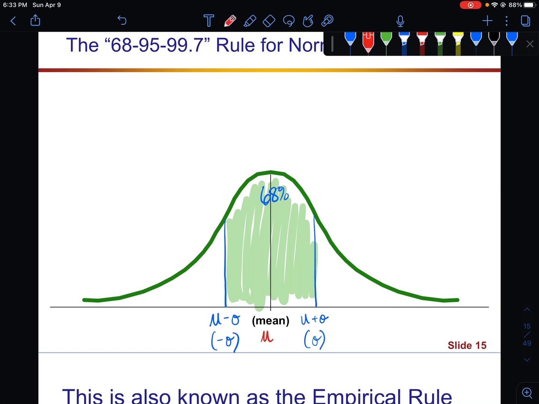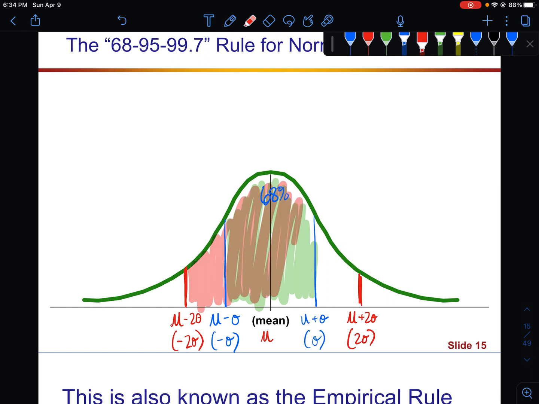Then we can also say if we take 2 standard deviations, that would be taking mu and subtracting 2 standard deviations, another way of saying negative 2 standard deviations. Same thing on this side, I would take mu and add 2 standard deviations, which would be 2. If I highlight all of this in red, that would represent 95% of our data.